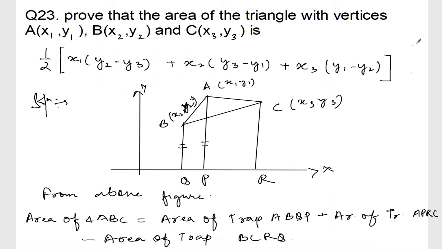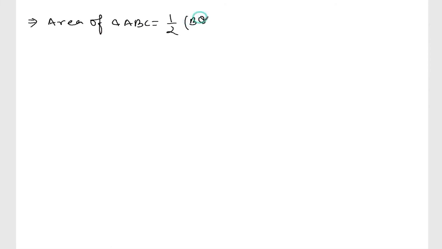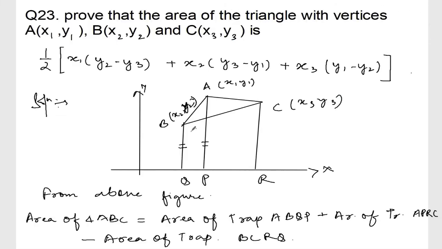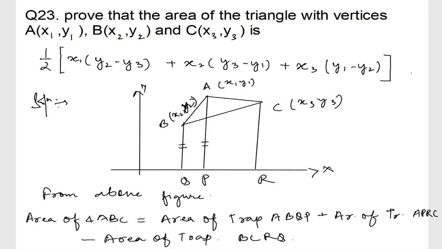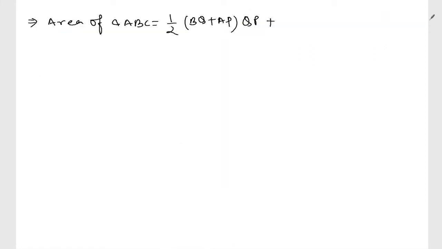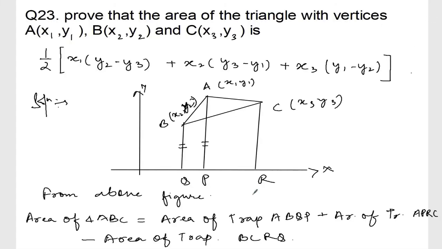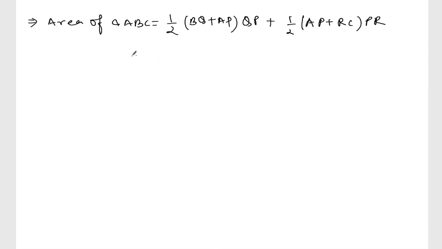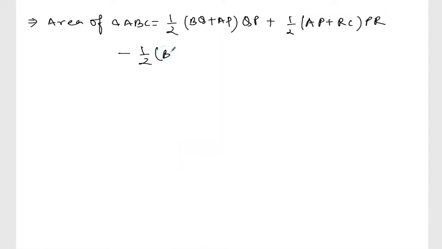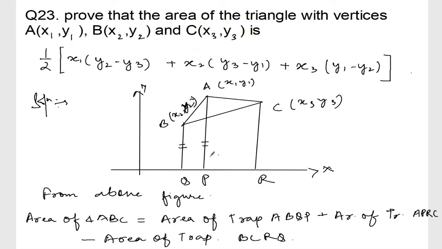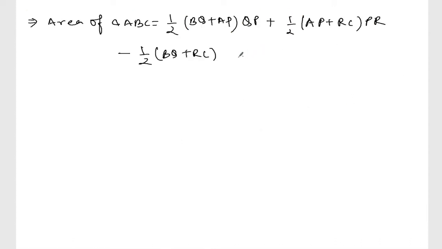So it will be half into (BQ plus AP) into QP, plus area of trapezium APRC, which is half into (AP plus RC) into PR, minus half into area of trapezium BCRQ, which will be (BQ plus RC) into QR.